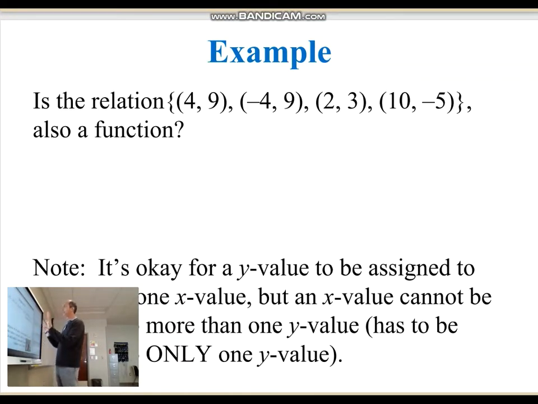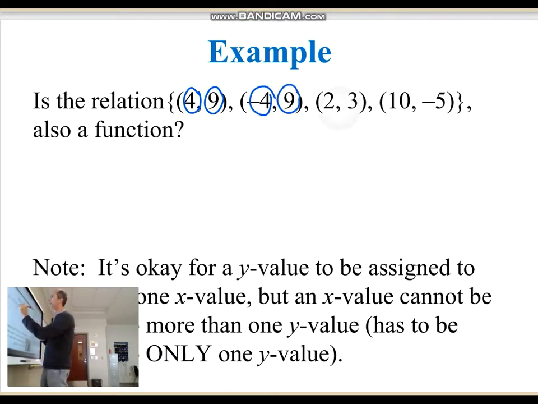Let's see this example. Is this relation a function? Let's check. We have one x, 4, and one y. We have one x, -4, one y. We have a different x, 2, only one y. And another x, 10, only one y.